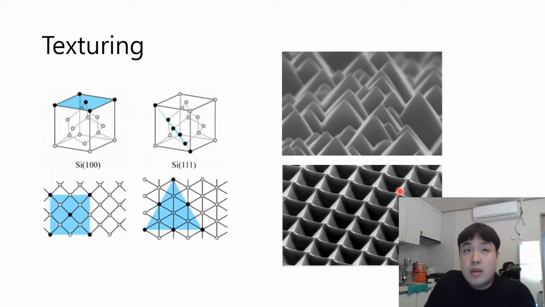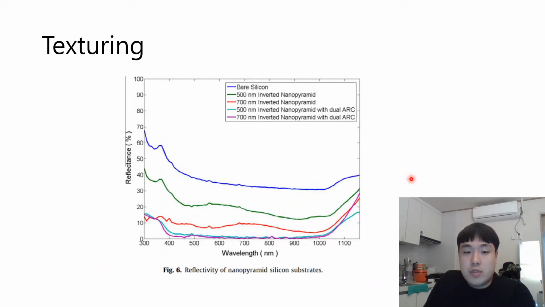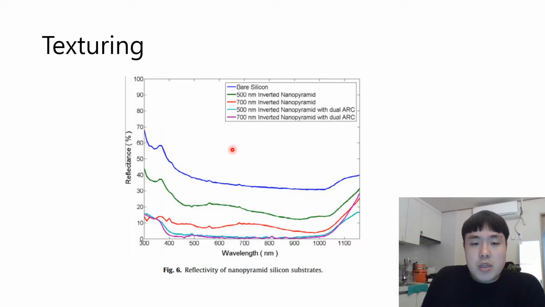Next I will show another graph of reflectance versus wavelength. This graph shows the reflectance, and the first case is bare silicon, then a 500 nanometer inverted nano pyramid, and this case is with dual ARC, which I will explain later. First, we can see that the reflectance gets lower and lower when we add the nano pyramid and the dual ARC.